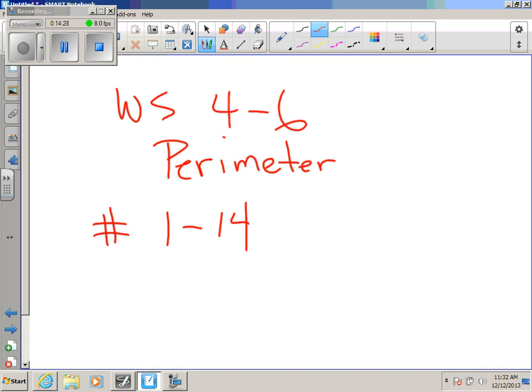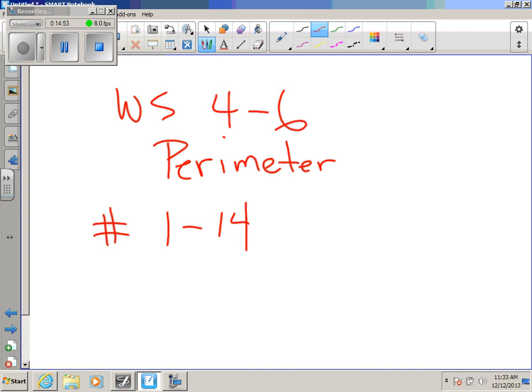I do see decimals, and when you add with decimals, you must make sure that you line them up. Okay? So all of these are definitely manageable. Okay? They all need a label. Are we labeling number 1 in regular meters, or are we labeling it in meters squared?